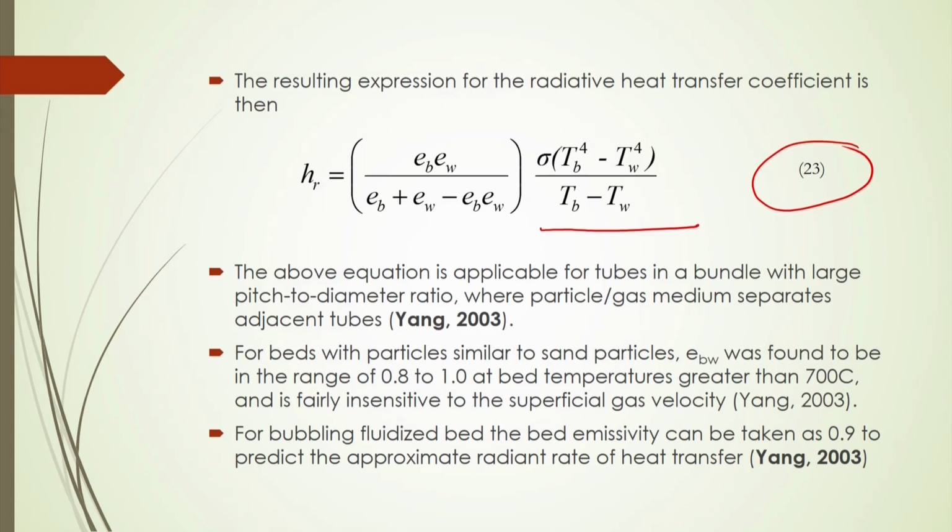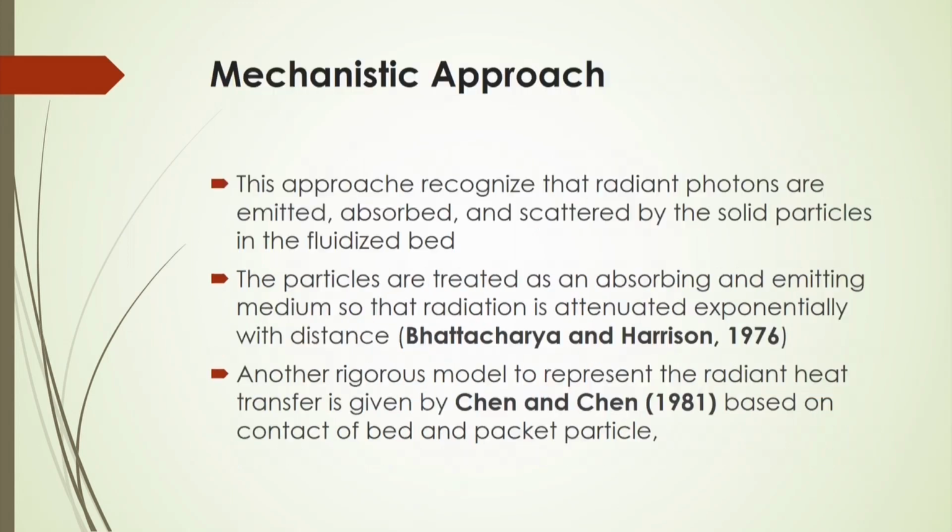For a bubbling fluidized bed, the bed emissivity can be taken as 0.9 to predict the approximate radiant rate of heat transfer. Whereas, the mechanistic approach recognizes that the radiant photons will be emitted, absorbed and scattered by the solid particles in the fluidized bed.